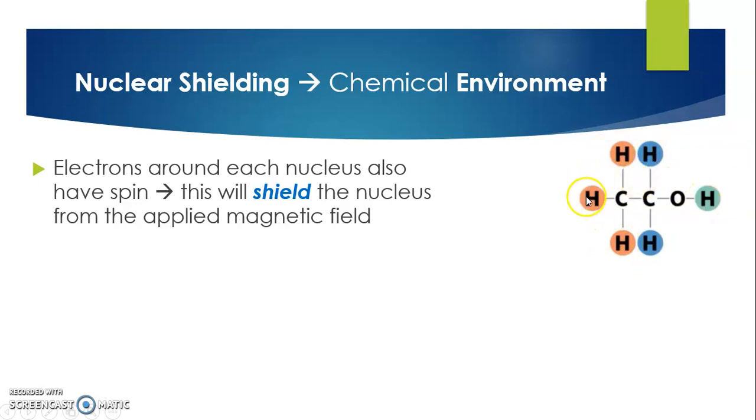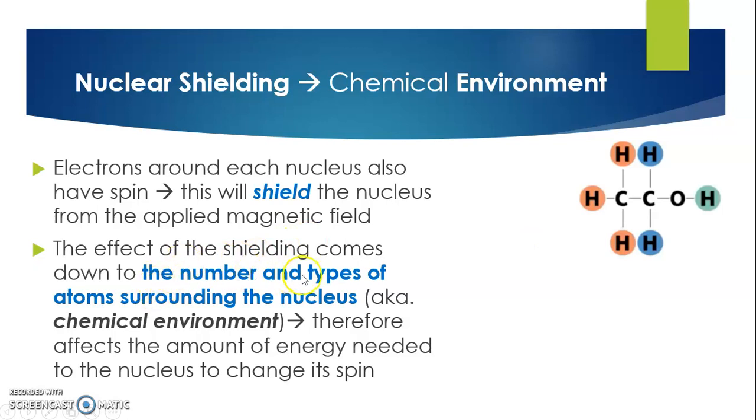So the electrons on those surrounding atoms will shield the spin of this carbon from the applied magnetic field. At the same time, this other carbon is also being shielded by the number and types of atoms around it. But the shielding effect is different because this carbon is connected to different amounts of atoms and different types of atoms from this carbon. Okay?